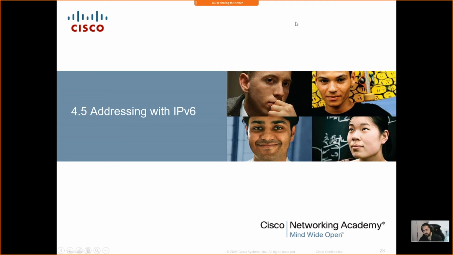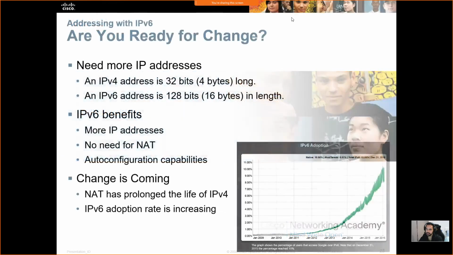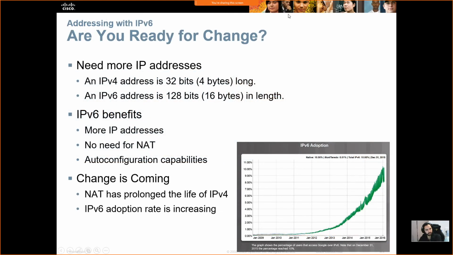So let's talk about the evolution of IP addresses, the IPv6 addresses. It's been a while that we've been using the internet, and there is a trend going on in the internet. We're just basically connecting more and more devices with time.